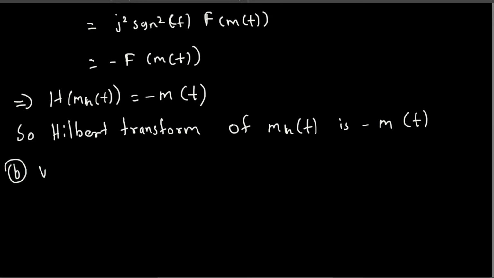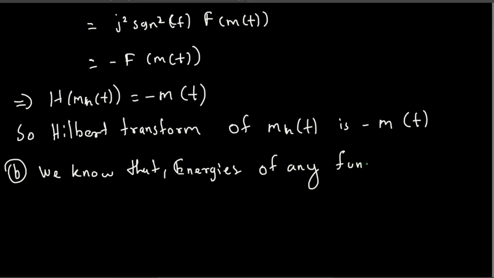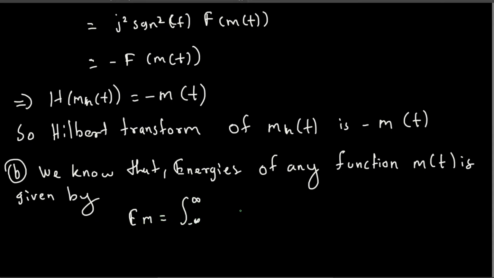B part, we know that the energy of any function M of T is given by EM is equal to the integral from negative infinity to positive infinity of M square of T dT. Okay, this is the energy equation.